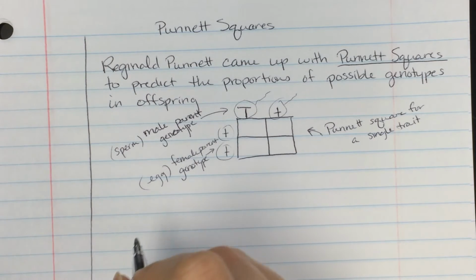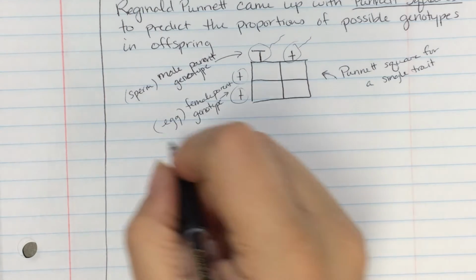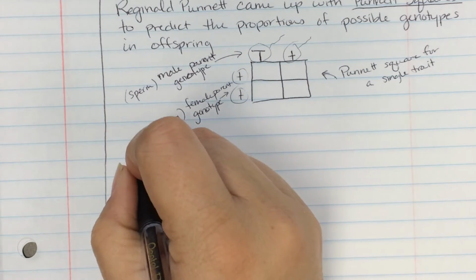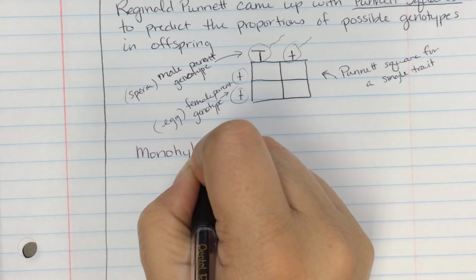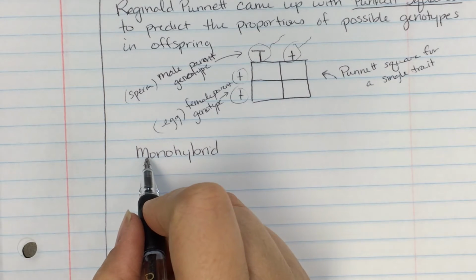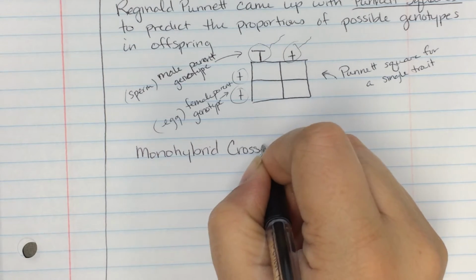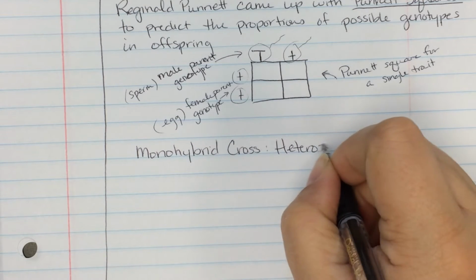So let's do a practice Punnett here, doing a monohybrid cross with heterozygous parents. Monohybrid means we're just looking at one trait here, so monohybrid cross. And they're telling us that the parents are both heterozygous.